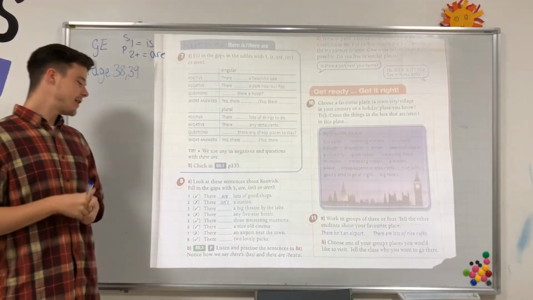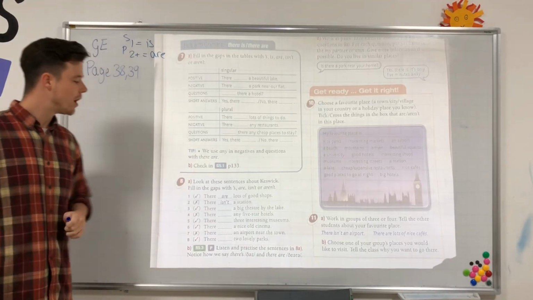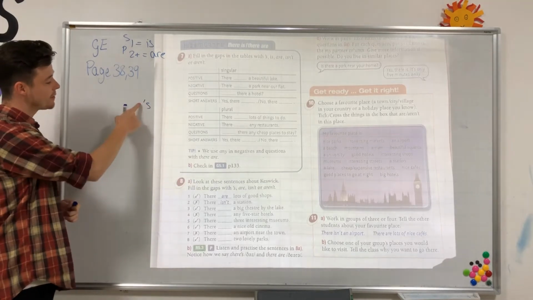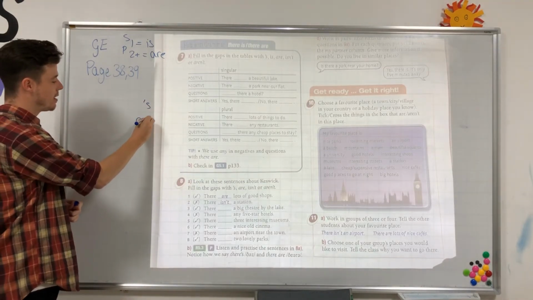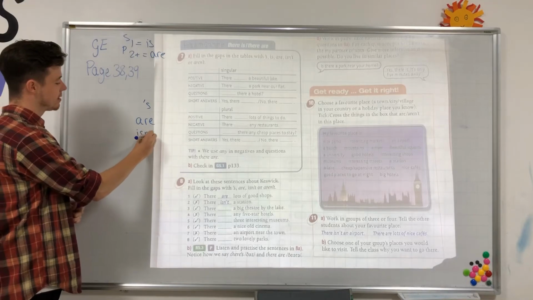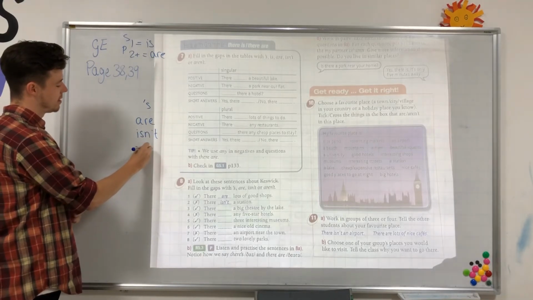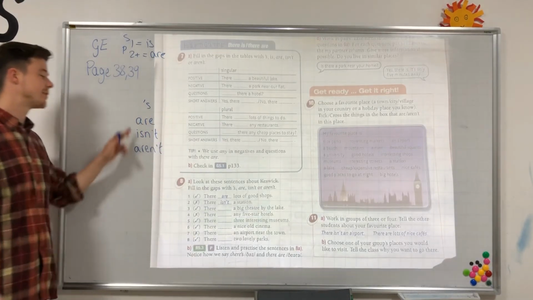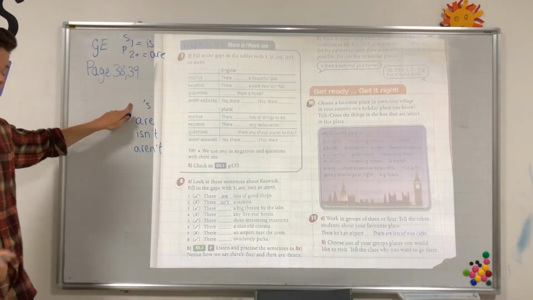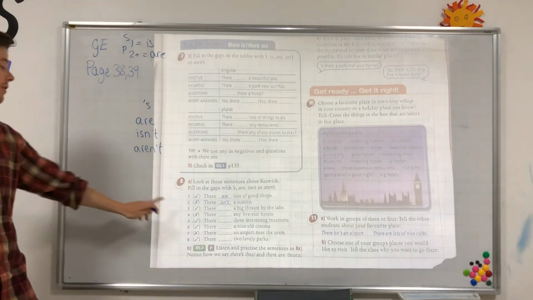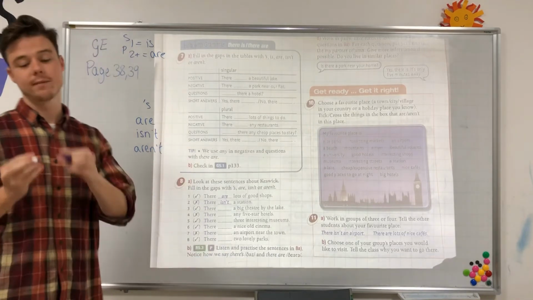So, number 3, we have a missing word and we need to use apostrophe S, are, isn't, or aren't. Okay, so we need to choose this one, apostrophe S, are, isn't or aren't, for our 6 missing words.